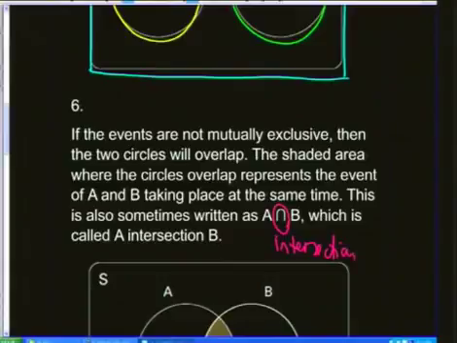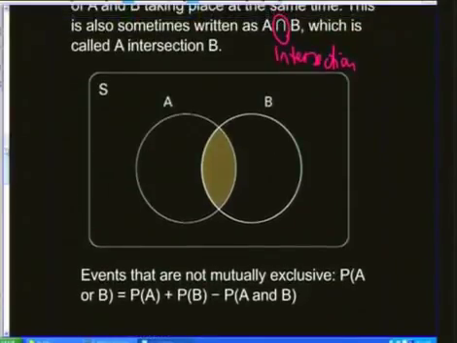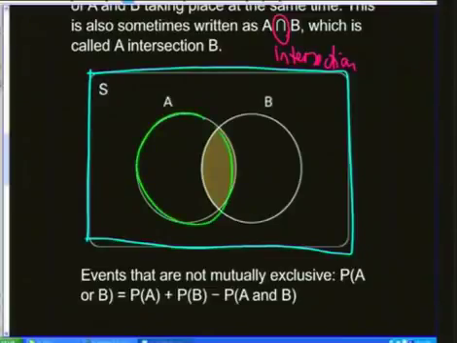So let's look at that shaded area where they're happening at the same time. There it is. So again, we have a sample space, and we have set A, and we have set B, and in here is the area that belongs to both sets.